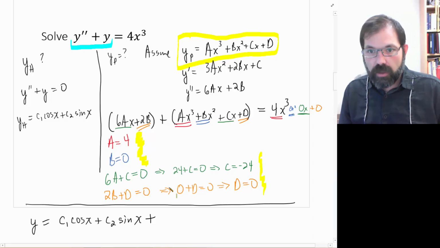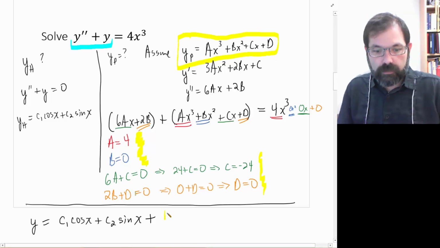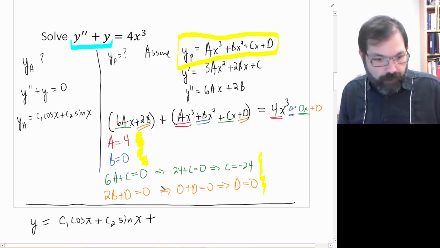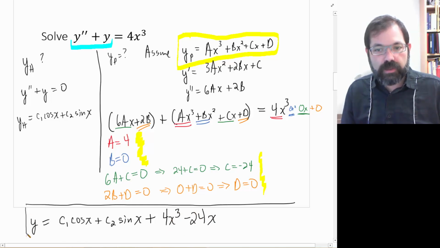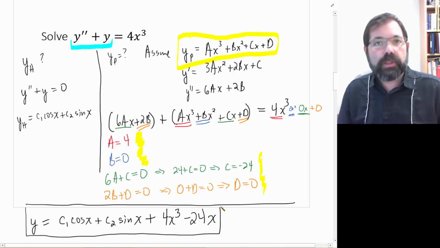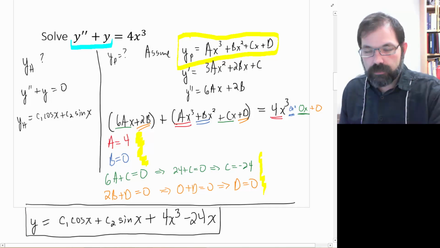So substituting, that gives us plus 4x cubed minus 24x. And that is the general solution of this differential equation.